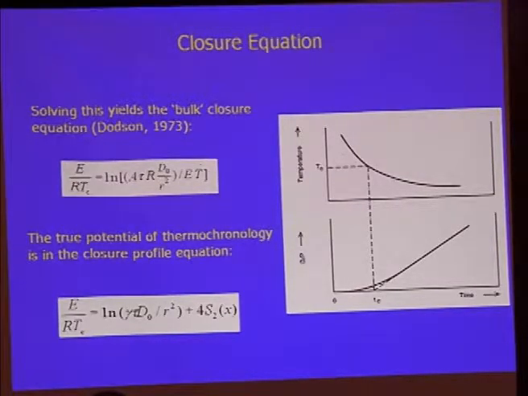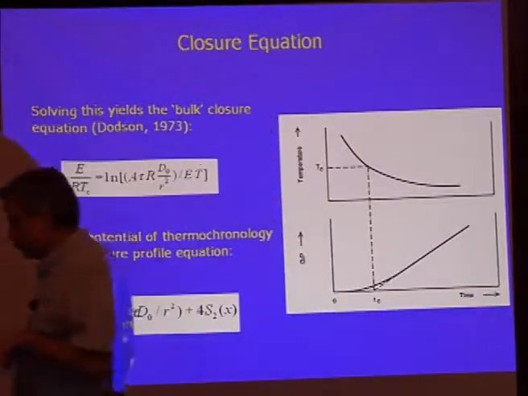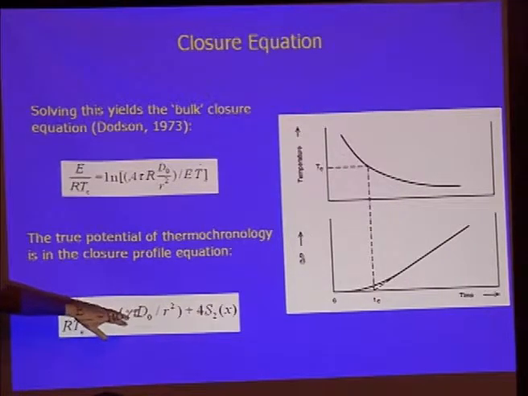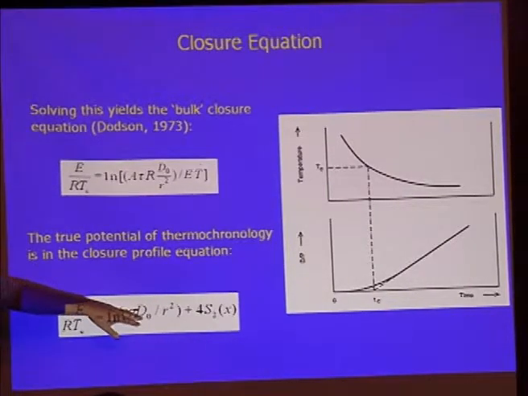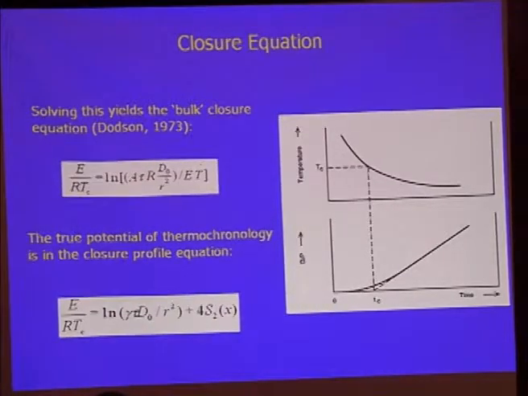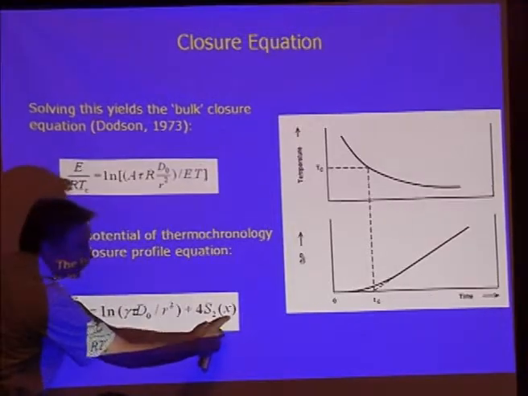But the real potential of the method, and something that I'm going to emphasize is underexploited, is this, which is the actual formal closure equation. This is the closure temperature. It's a function of a bunch of, here's a constant, tau again, frequency factor, and this term here, which is geometry dependent. But what this is saying is that the closure temperature is a function of spatial position.